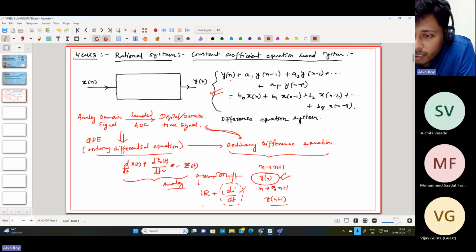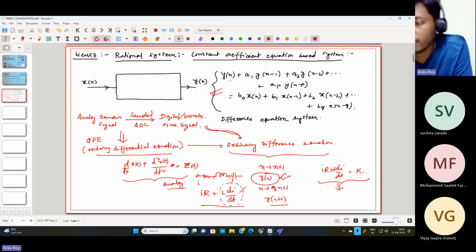Now, in the differential equation, we might have seen that, for example, let us consider L di/dt equals to, let us say, k. So any differential equation in the time domain has two kinds of solutions. One is the transient solution. Another is the steady state solution.